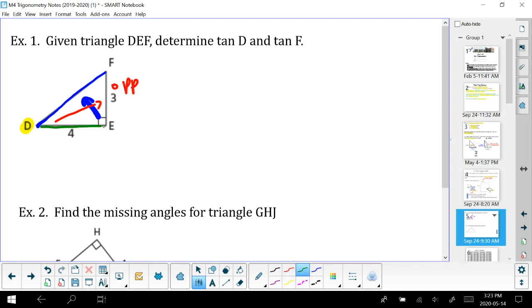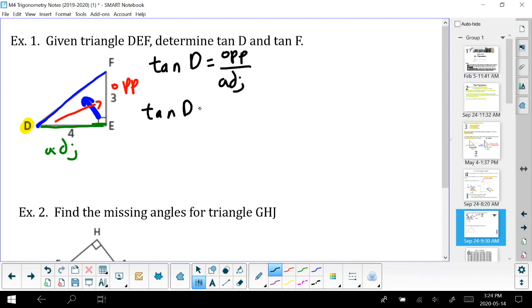And finally, the side that is right beside my reference angle is my adjacent side. Let's start off with our formula for tangent. We know that the tangent of angle D has to be equal to the opposite over the adjacent side. So we can state that tangent of D is equal to 3 divided by 4.